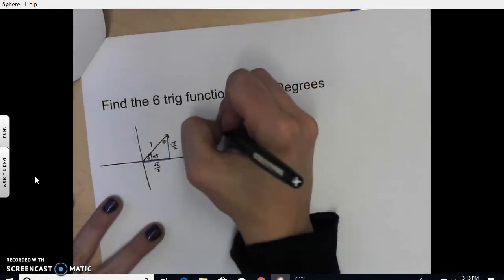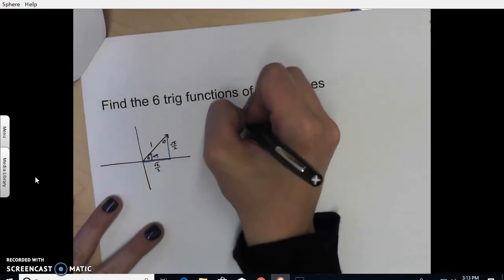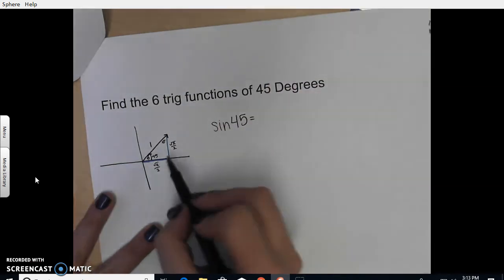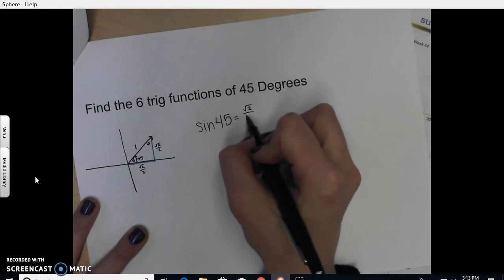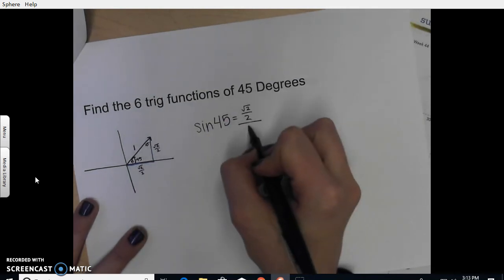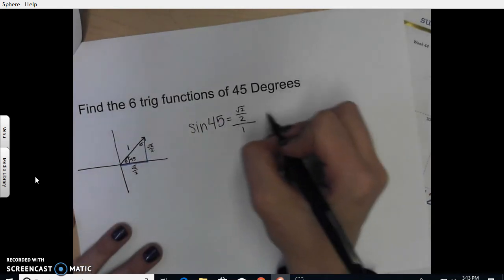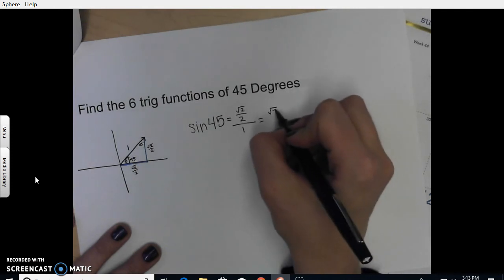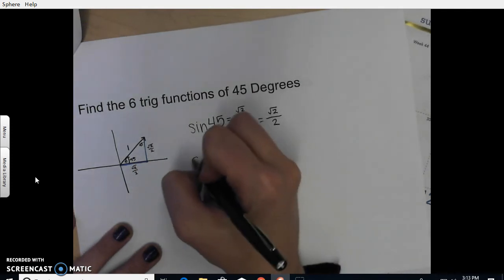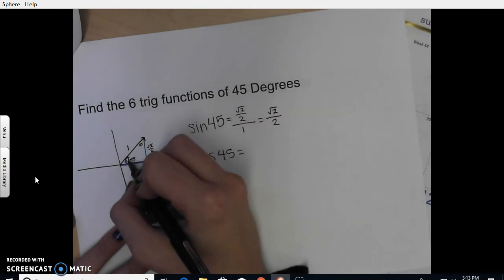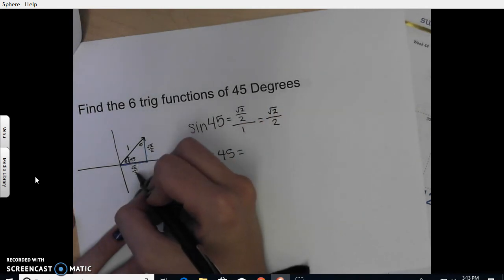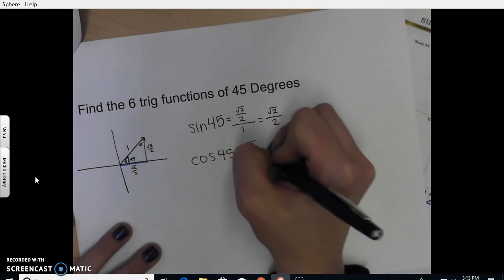I then need to find the sine of 45 degrees. The sine is opposite, which is root 2 over 2, over 1. Root 2 over 2 over 1 is root 2 over 2. The cosine of 45 degrees from theta, the adjacent side is root 2 over 2.